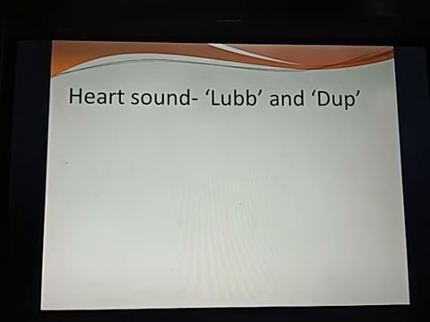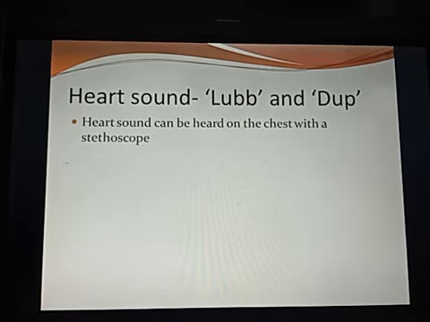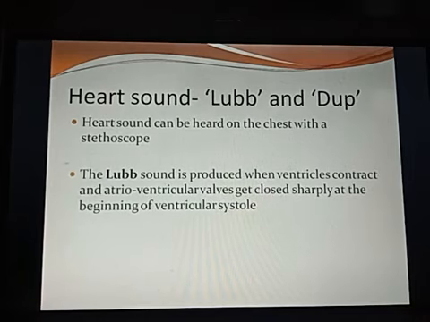Now the next thing is the sound which is created in the heart, that is the lub and dub sound. Heart sound can be heard on the chest with the help of an instrument called a stethoscope. You may have seen doctors with an instrument around their neck, which they put on your chest to hear the heartbeat. That is called the stethoscope. How is the lub sound created?